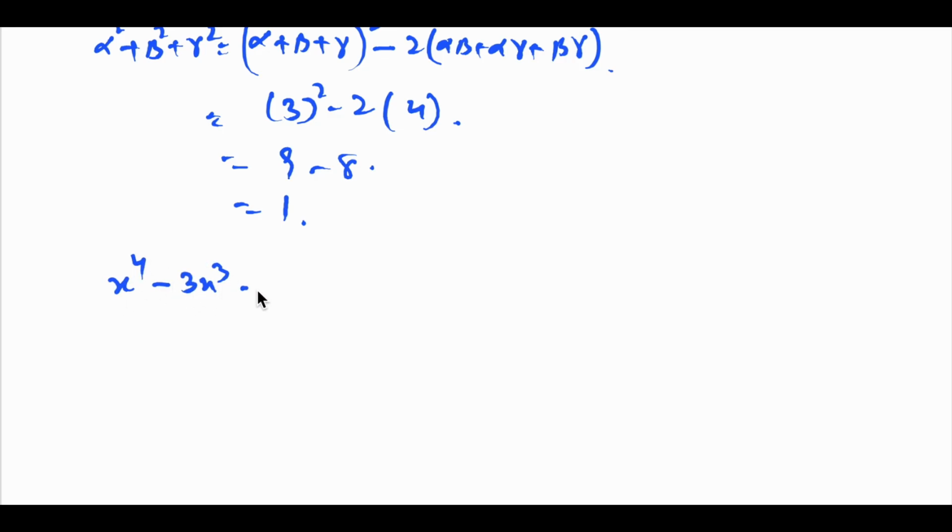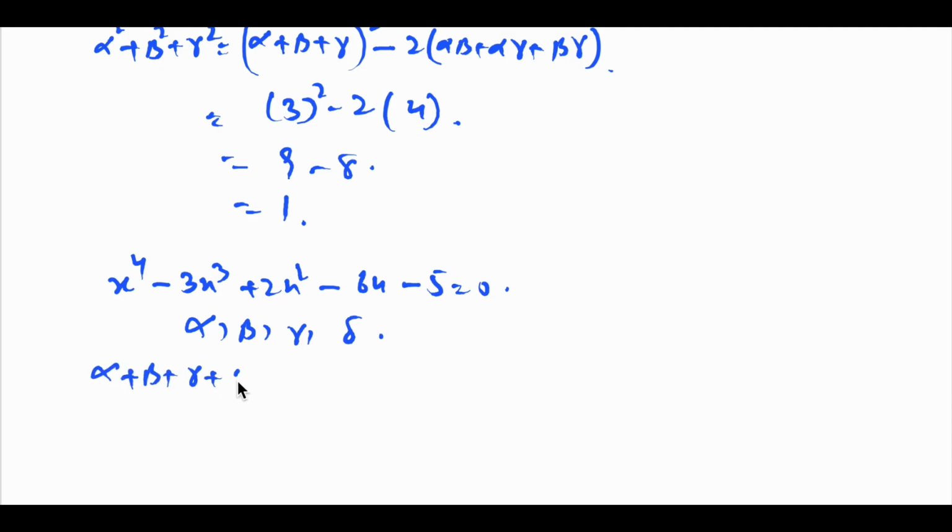Again, for the quartic equation, I can say this is the quartic equation, x power 4 minus 3x cubed plus 2x square minus 6x minus 5 is equal to 0. This will have roots alpha, beta, gamma and delta. So I can say alpha plus beta plus gamma plus delta is always equal to minus b over a, so it's 3.